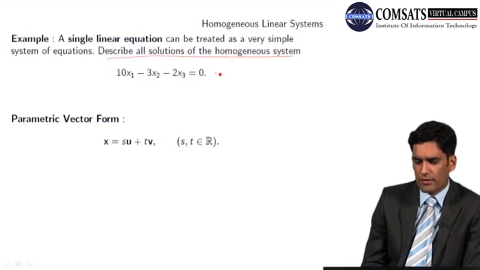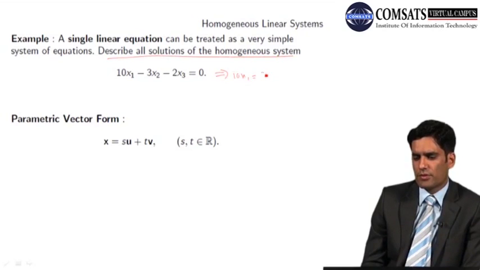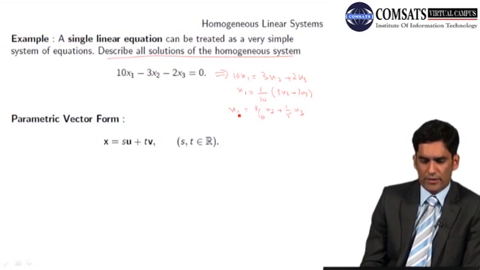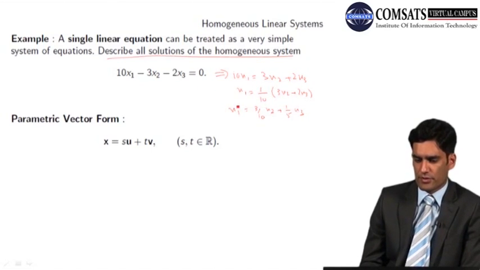So from this equation I have 10x1 equals 3x2 plus 2x3, and x1 equals 1 by 10 times 3x2 plus 2x3, which further equals 3 by 10 x2 plus 1 by 5 x3. This is the simplest system of linear equations with right hand side equal to 0, which we have named a homogeneous linear system.